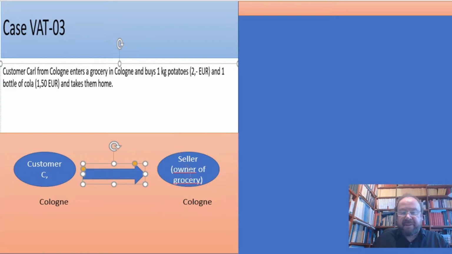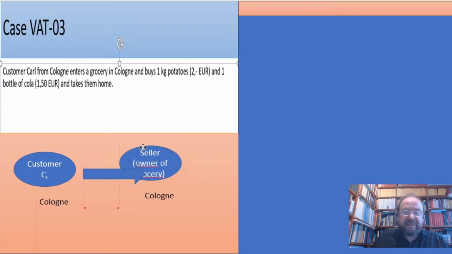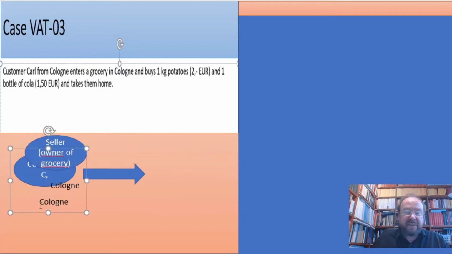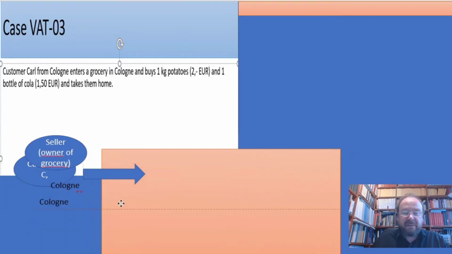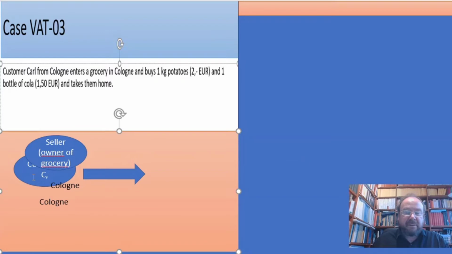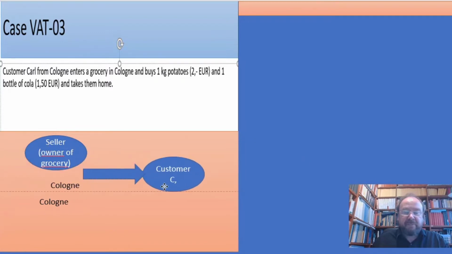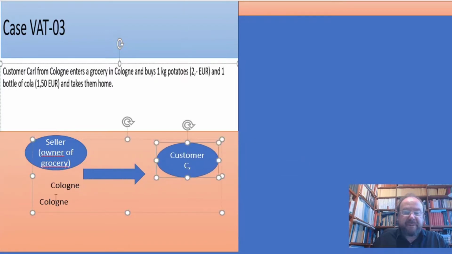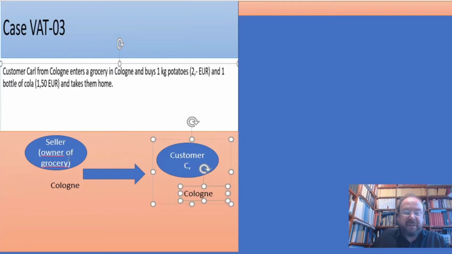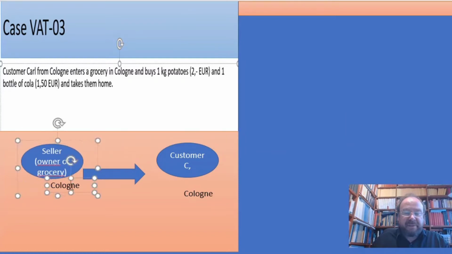Usually we have the entrepreneur on the left side and the customer on the right side, and we see we did it exactly the wrong way, so we have to interchange that. Sorry, that was not the right thing to do. Customer from Cologne and the seller is from Cologne too.